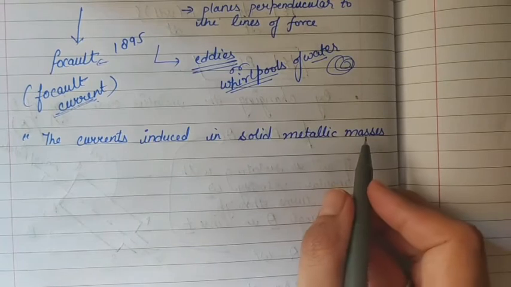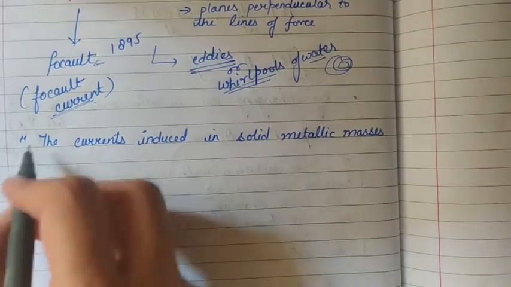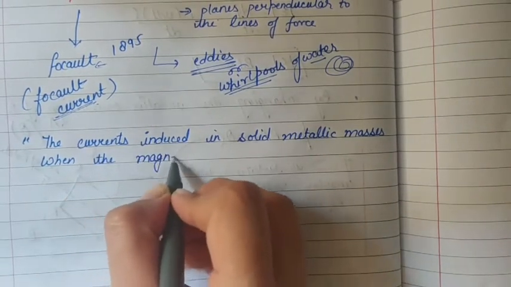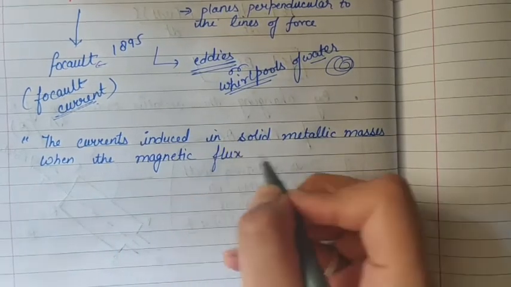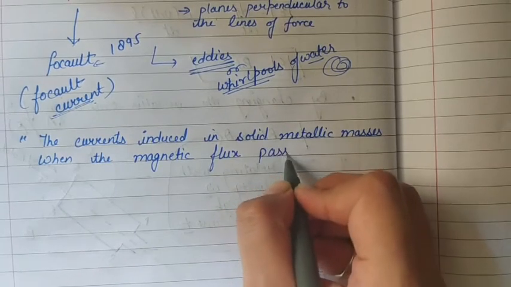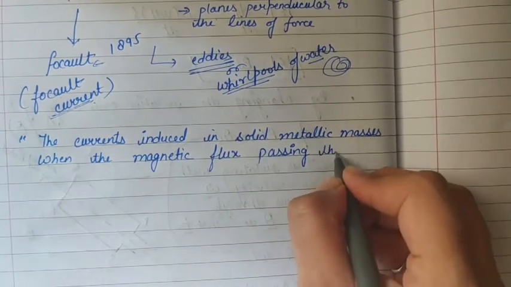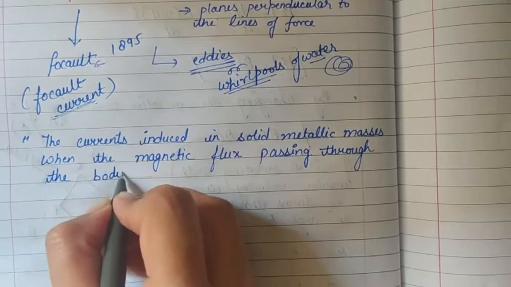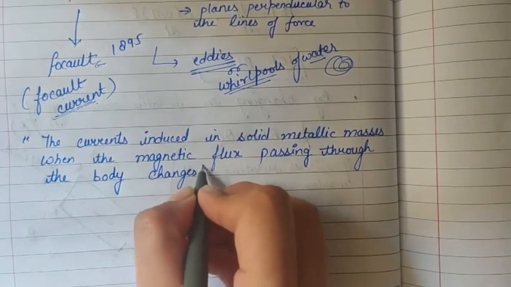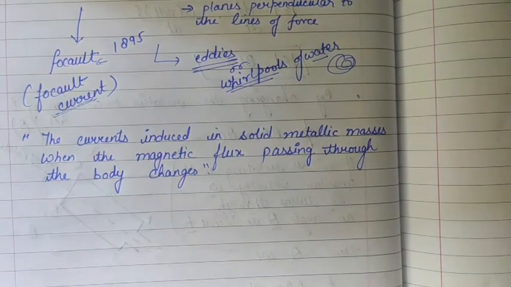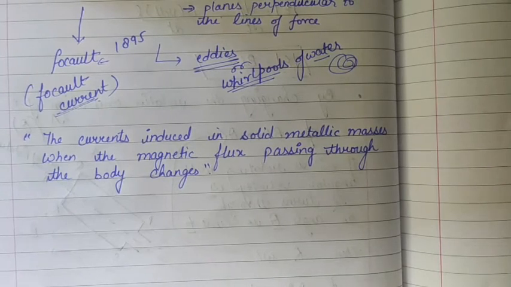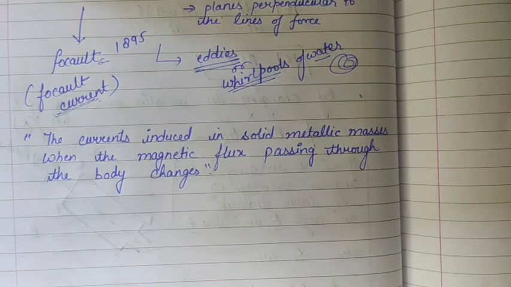When the magnetic flux passing through the body changes, an induced EMF is set up there, and currents start flowing on its surface in the form of eddies or whirlpools of water.